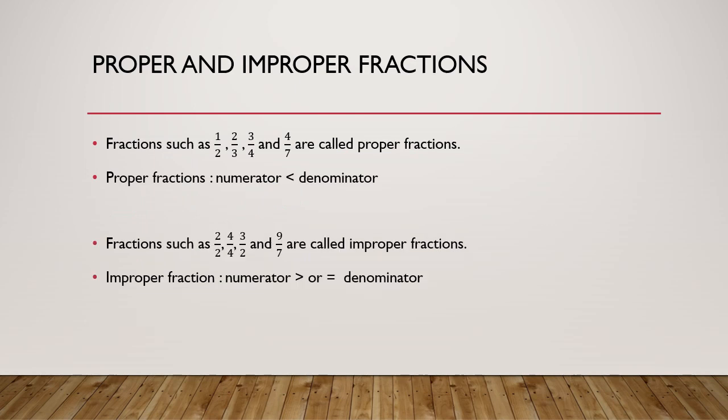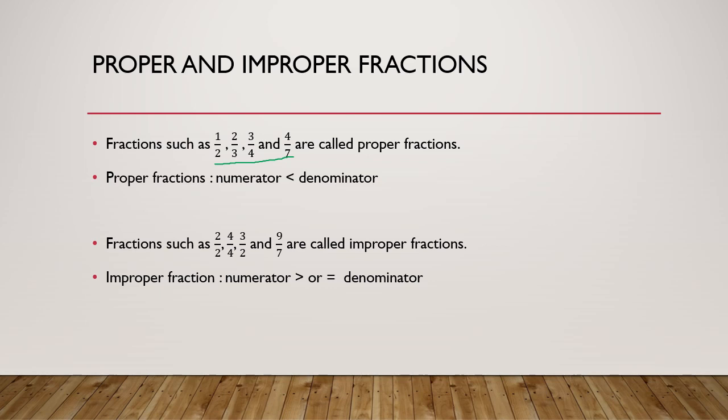Next we are having proper and improper fractions. See here, fractions such as 1 upon 2, 2 upon 3, 3 upon 4 and 4 upon 7 are called proper fractions. Have you seen any similarity between these fractions?